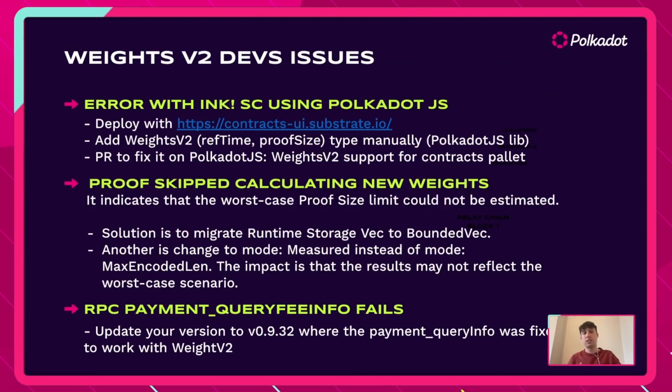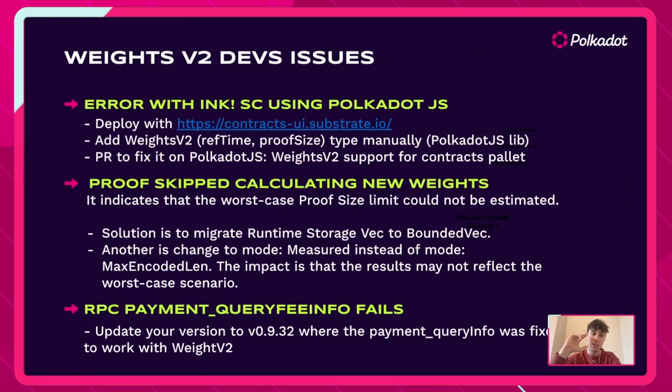And finally, I've been collecting some issues that people have been encountering when doing this migration with weights v2, mainly from Stack Exchange. The first one is related to Ink smart contracts. Some people were complaining that when they were using Polkadot.js to deploy an Ink smart contract, they were getting an error related to the gas consumption.